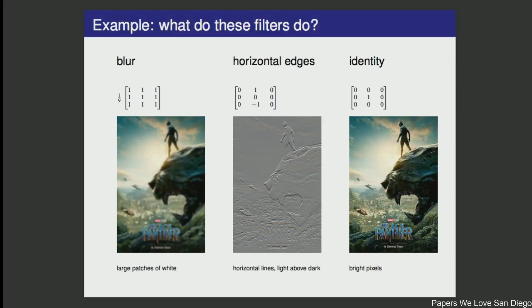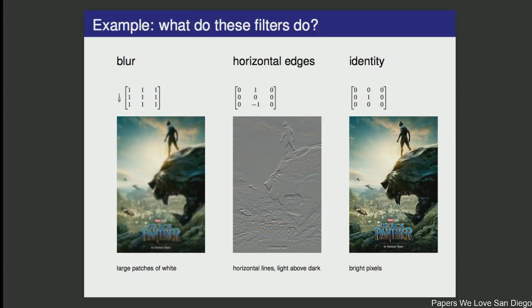So this is going to spit out a very large number if it's passing over a large patch of white, right? So when the blur filter passes over this portion of the image, it's going to spit out high numbers. When it passes over this portion of the image, it's going to spit out low numbers.